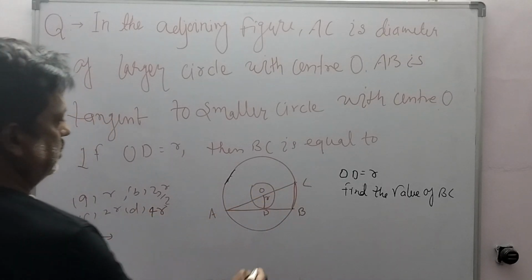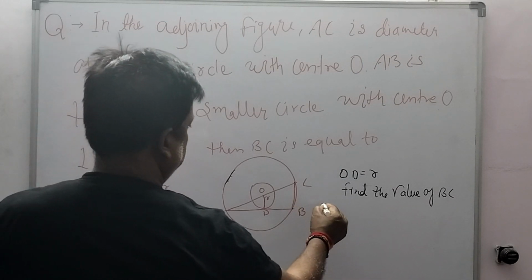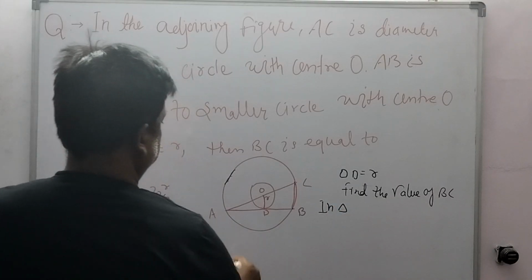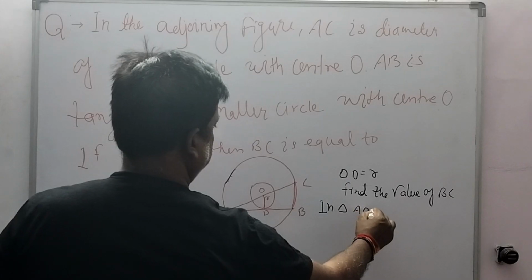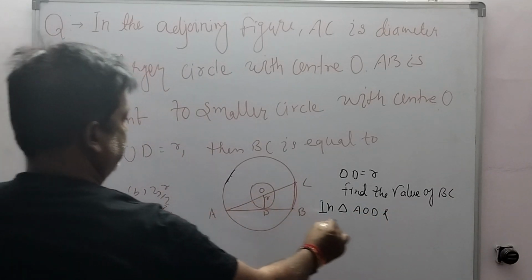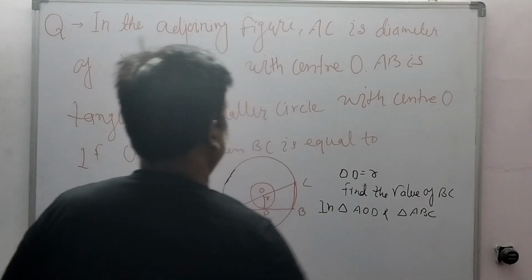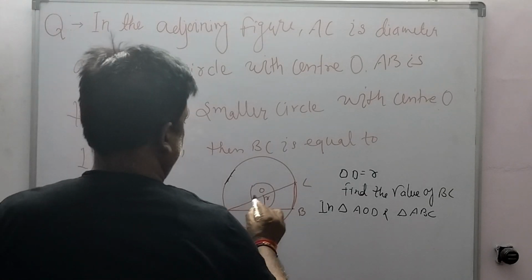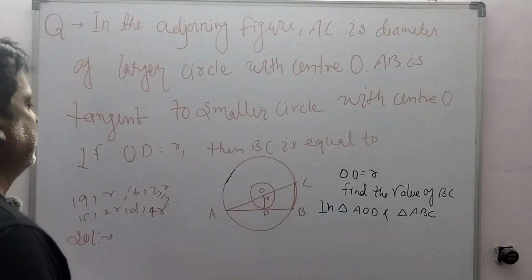Then how can we find it? We consider two triangles: triangle AOD, the smaller triangle, and triangle ABC, the bigger triangle.